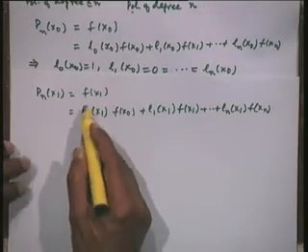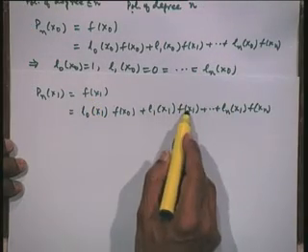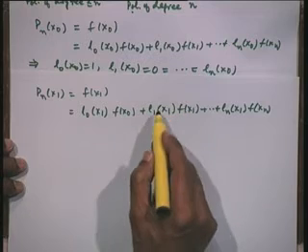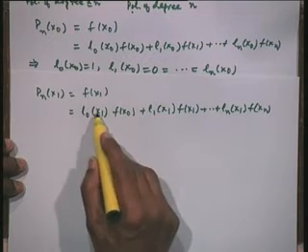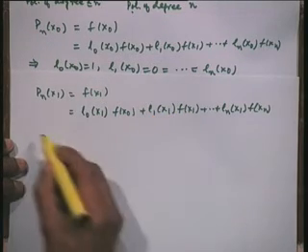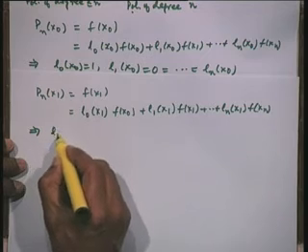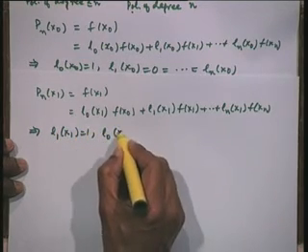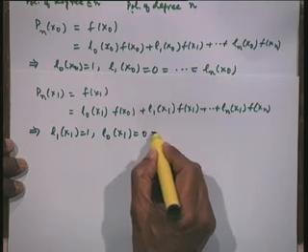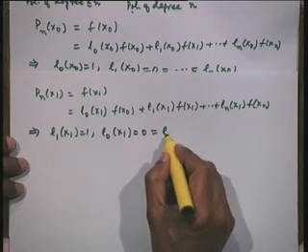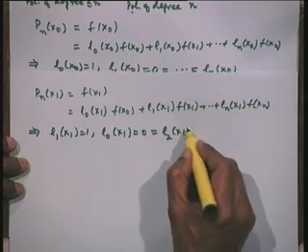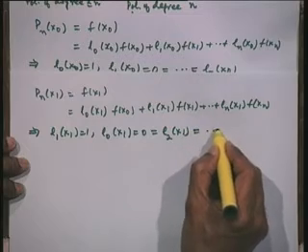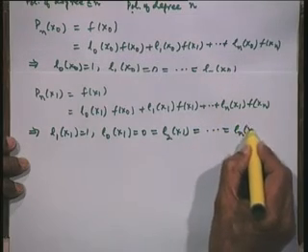Now, if this is to be equal, f(x_1) is here, f(x_1) is here, the only possibility is that L_1(x_1) must be 1 and the remaining all else should be 0. So, this would imply that L_1(x_1) must be equal to 1, L_0(x_1) is equal to 0 and L_2(x_1) is equal to 0, so on, L_n(x_1) must be 0.